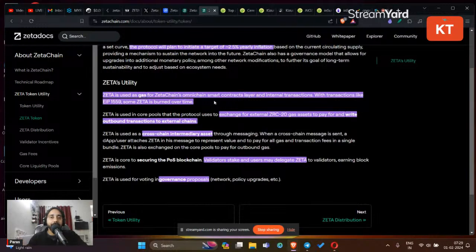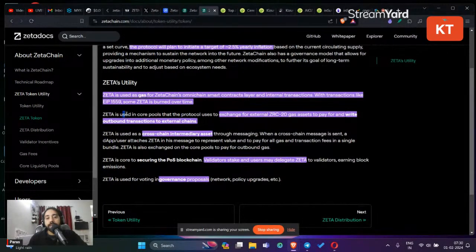Similarly, Zeta is used to pay for the gas fee. So if you want to build your dApp on Zeta, you need to have a Zeta token with you. That's the most important thing for any blockchain, to have its own token. I think this token standard is ZRC20, which is right over here, ZRC20. That's why the token is used for the gas fee.